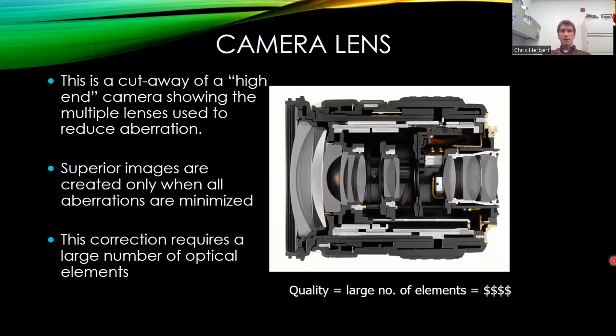So you go camera shopping or camera lens shopping, and I'm always shocked by the price on some of these lenses. A really professional telephoto lens is going to be over $1,000.